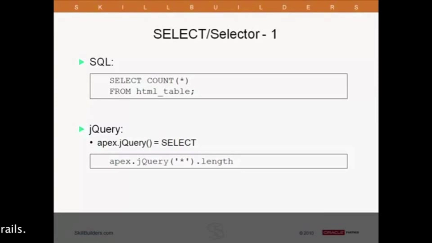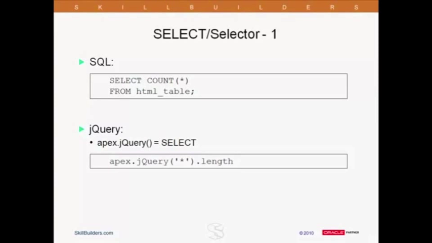This is the way in which jQuery has been exposed in Apex. It's been done this way to avoid any conflicts if anybody had jQuery previously installed. So the equivalent for count star, here we have apex.jQuery, that starts our selector, and in parentheses, we're saying star, so the same kind of syntax. Only to get the count, I need to access length. That's the main difference.